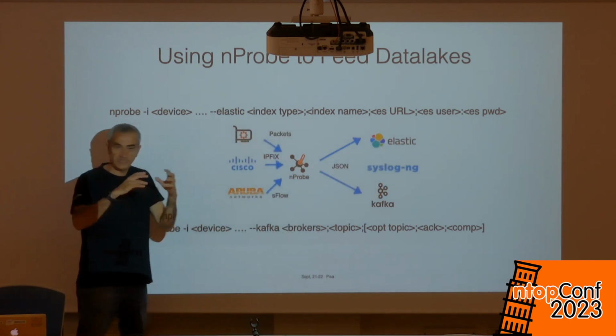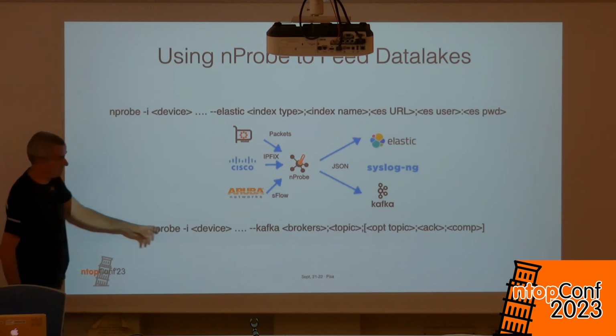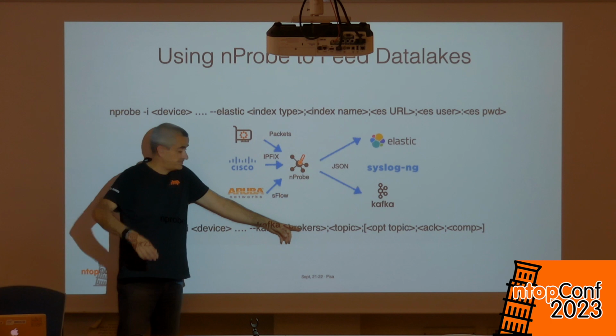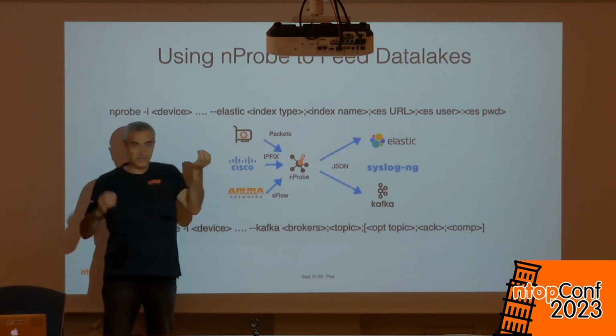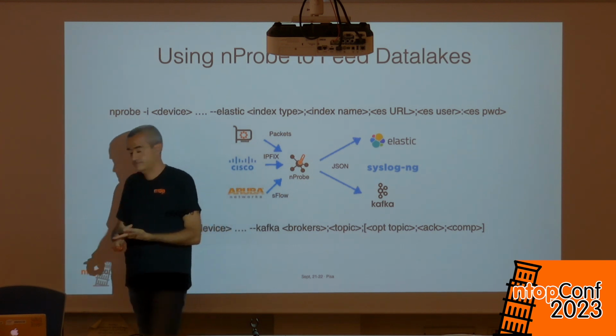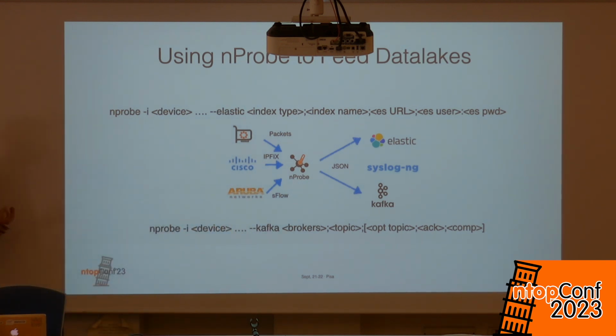Every address has its own requirements. For instance, with Kafka, you specify the broker or the brokers, something called a topic, which is where you send data to, and some other things such as compression, TLS, non-TLS, acknowledgement, many things. But these are very specific to the configuration of these two systems.